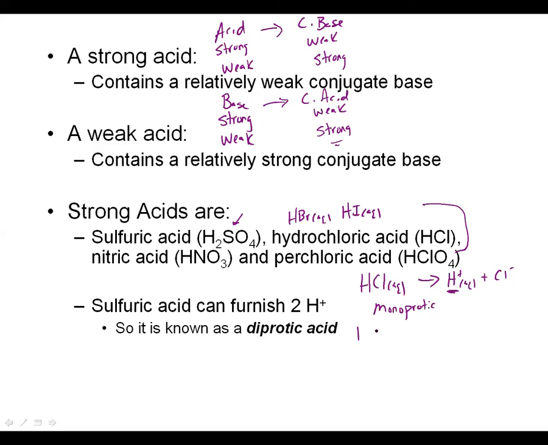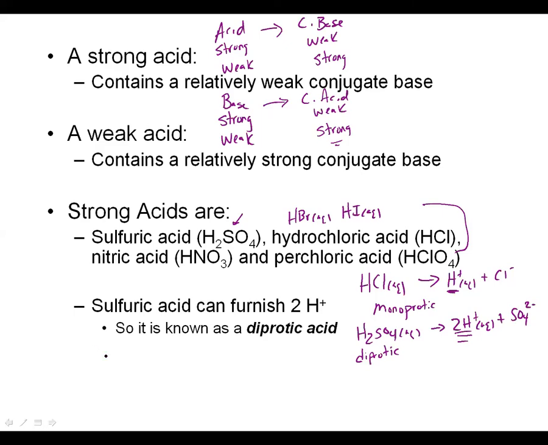Something like H2SO4, sulfuric acid, has the ability to get rid of both hydrogens, as we saw in the previous slide. They do come off one at a time, but because they are both able to come off, it is sometimes referred to as a diprotic acid. Again, di meaning two, protic meaning proton.